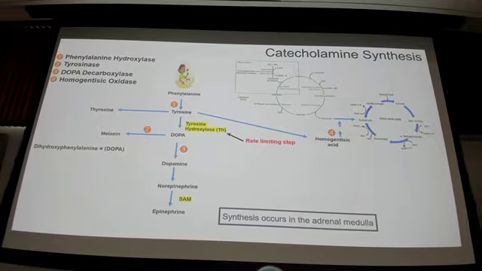DOPA in melanocytes can produce melanin by the enzyme tyrosinase, or it can produce dopamine by dopa decarboxylase, which will then produce norepinephrine and epinephrine.